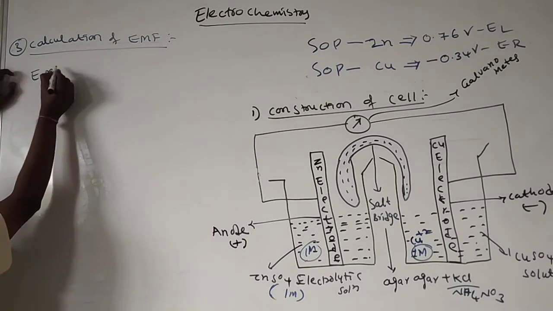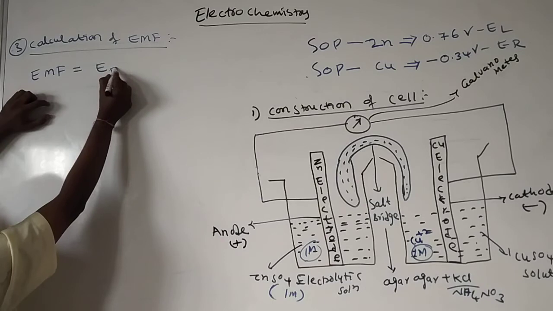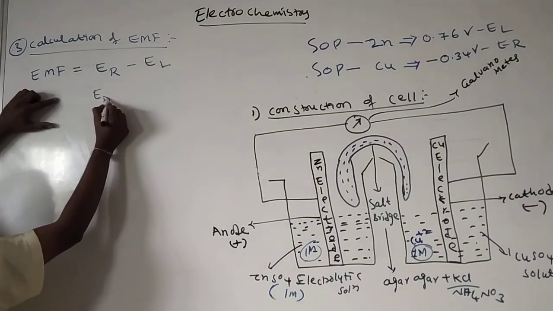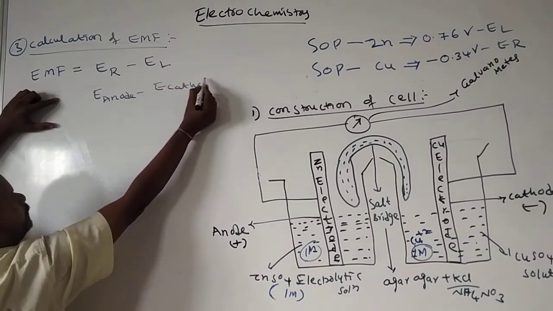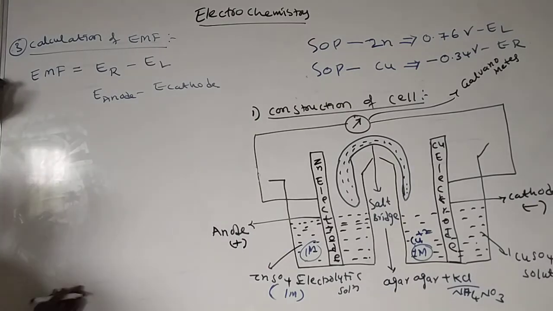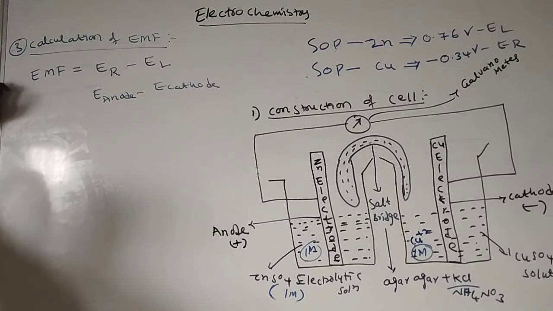EMF is equal to E right minus E left, or E anode minus E cathode. Okay.